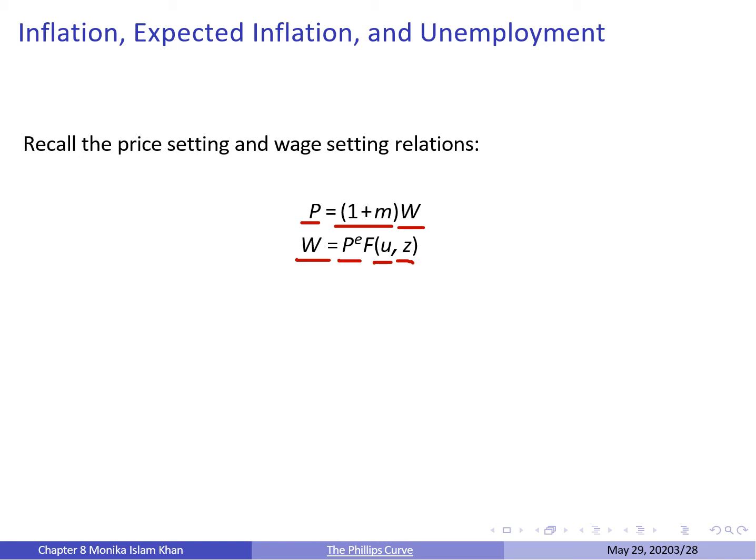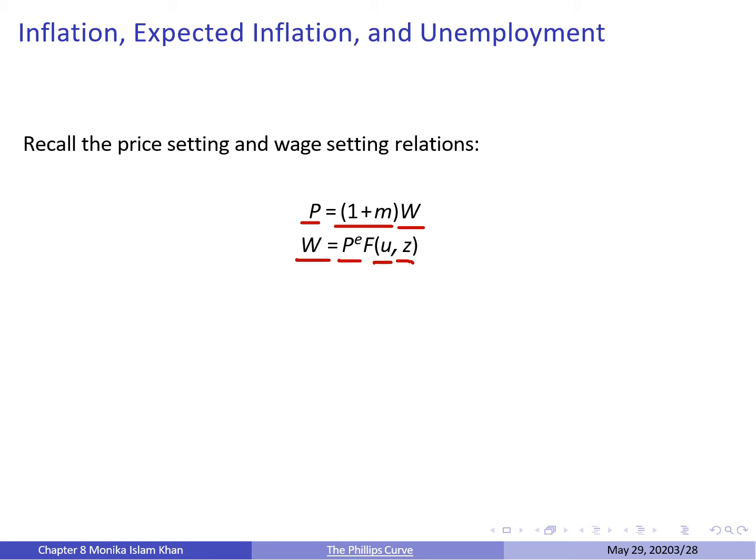In Chapter 7, we had used these two relations together with the additional assumption that actual price was equal to the expected price level. Under that assumption, we had derived the natural rate of unemployment. We now explore what happens when we abandon that additional assumption.